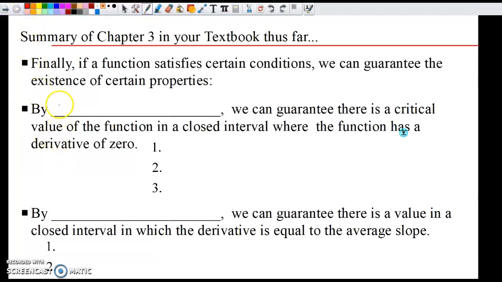By Rolle's theorem, we can guarantee there's a critical value of the function in a closed interval, where the function has a derivative of 0. We have to check certain conditions first. The first condition is it has to be continuous on a closed interval.